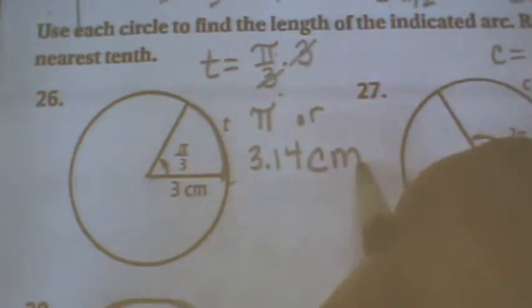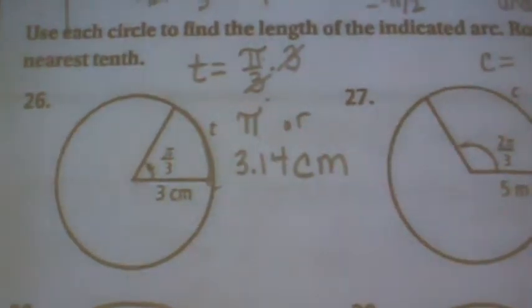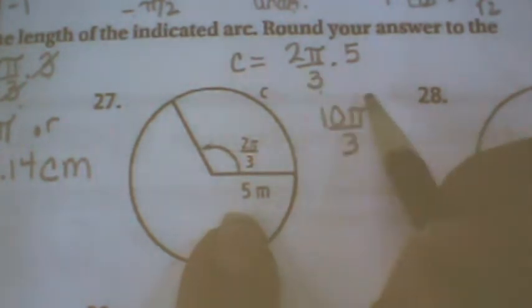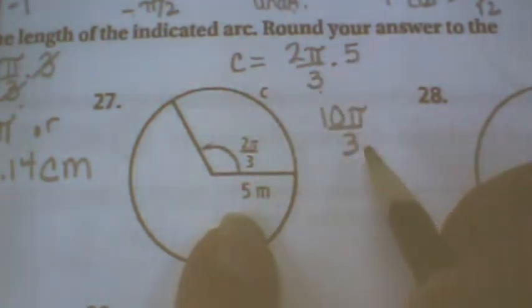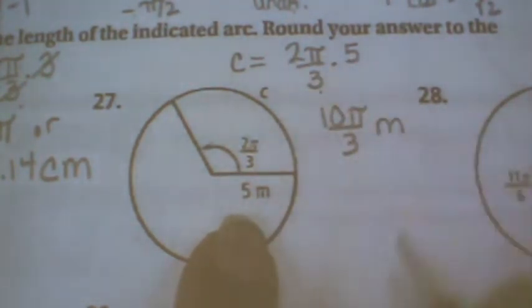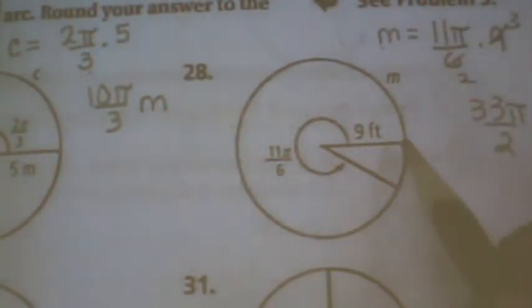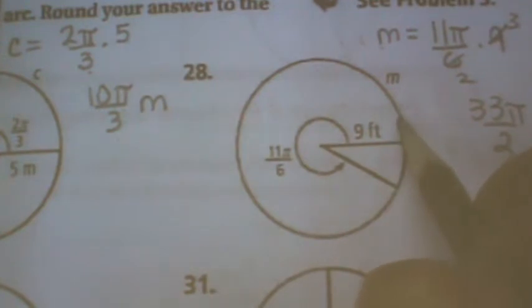3.14 centimeters. Number 27, you're going to take the central angle, 2 pi over 3, and multiply it by 5 meters. I would just leave it as 10 pi over 3, and then it's meters. 28, I want to know how long it is from here, this is M, this whole thing.